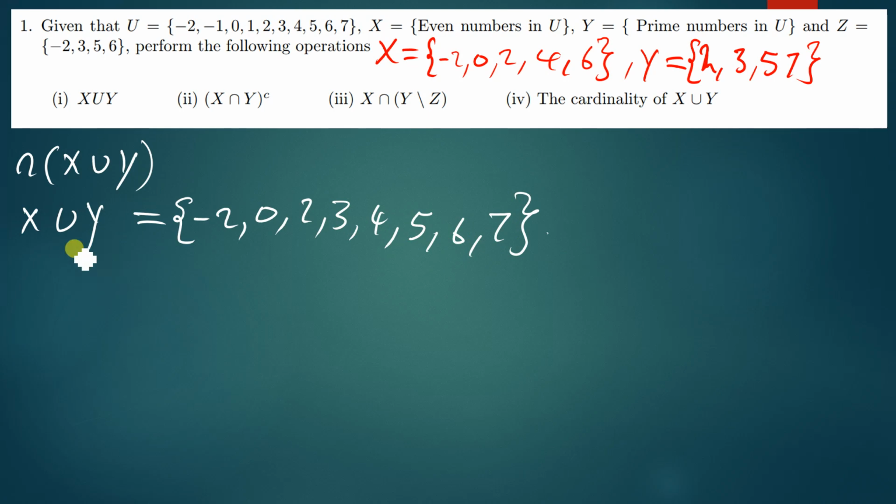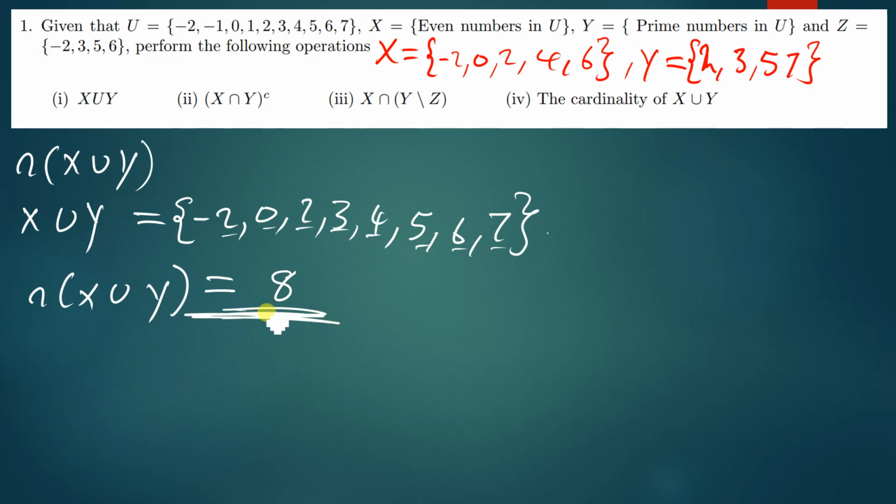So the cardinality of x union y is therefore going to be equal to 1, 2, 3, 4, 5, 6, 7, 8. So we have 8. So the cardinality is simply the number of elements that are in a given set. So here we have 8 as the answer.